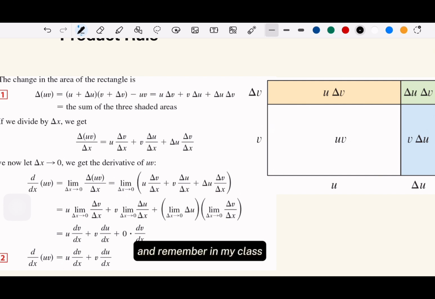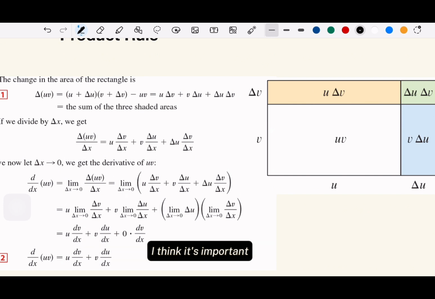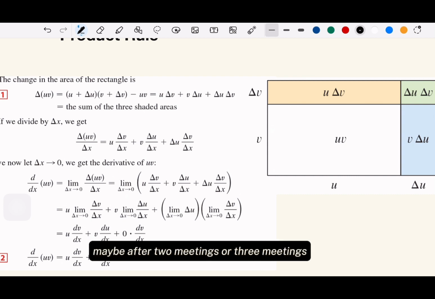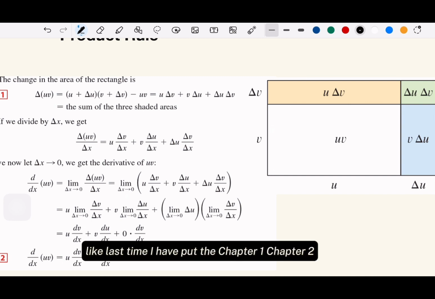And remember, in my class, if you think it's not really necessary to take notes, you don't need to take notes. Please just write something that you think is important. All the class notes, after maybe 2 or 3 meetings, I will put in the Moodle. For example, like last time, I have put chapter 1, chapter 2.